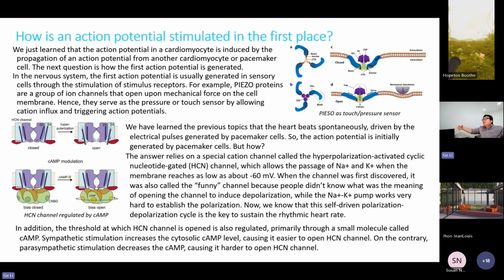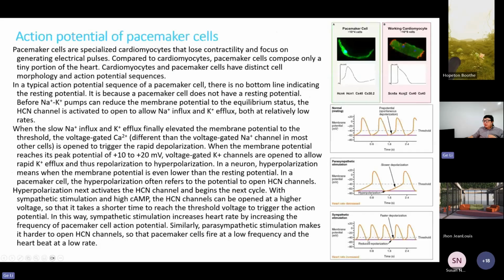When you make it wider, the sodium ions will get into the pacemaker cell much faster than normal, and you will reach the threshold much faster. In this case, the time interval between two action potentials becomes much shorter, and you have a much higher heart rate.